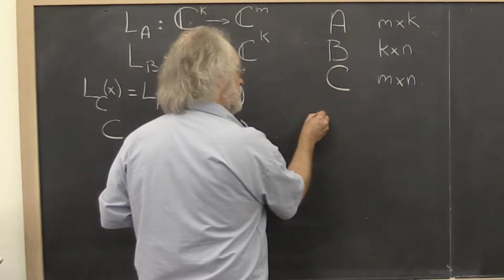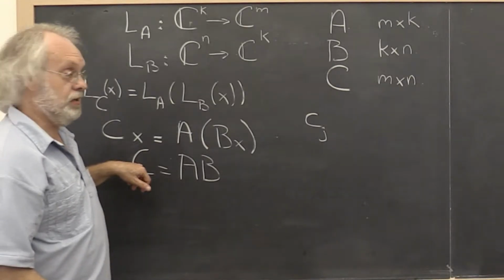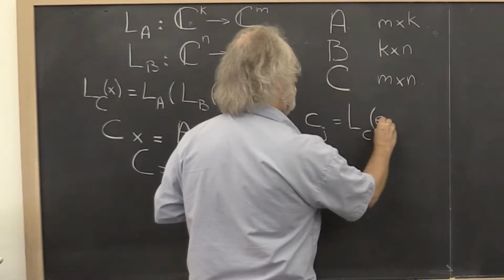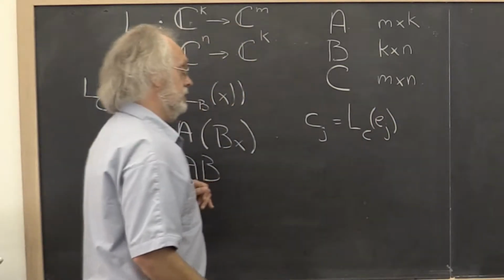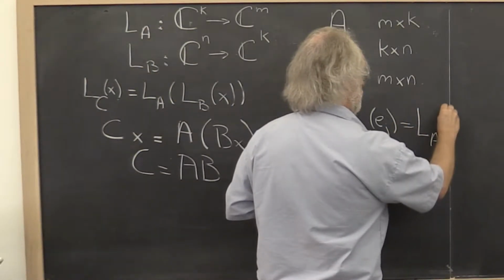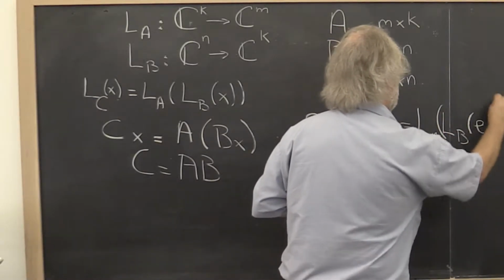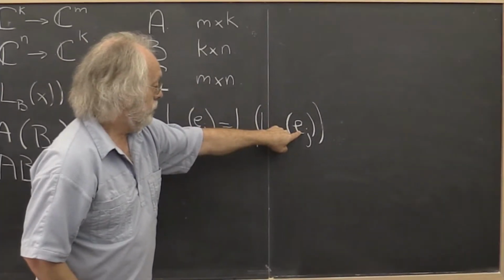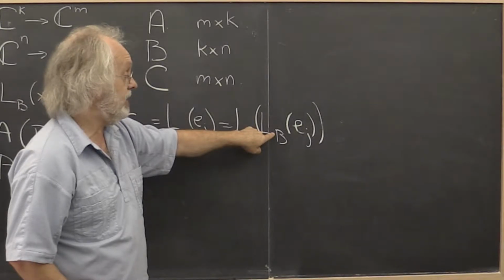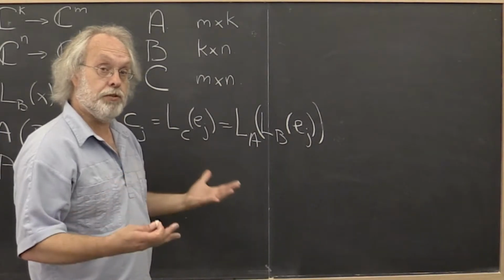So, the jth column of matrix C should be equal to LC applied to the jth standard basis vector, which then is equal to the composition of these two. Now, if you put in the jth standard basis vector and you evaluate LB, what do you get? You get the jth column of matrix B.